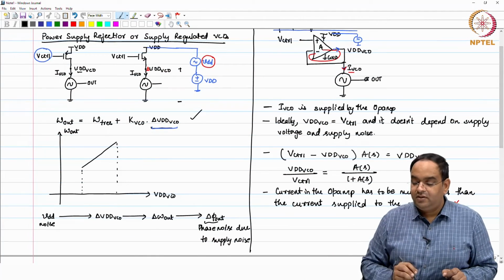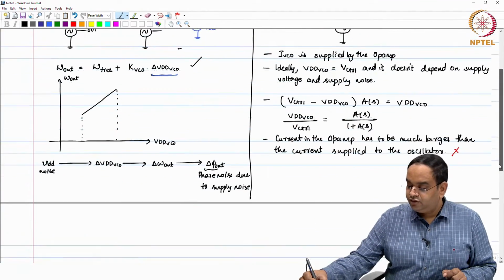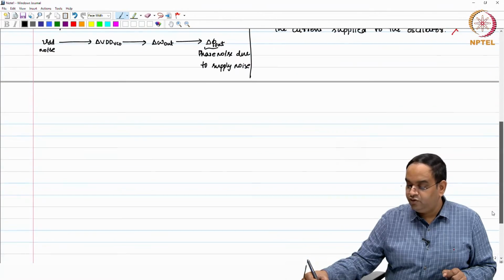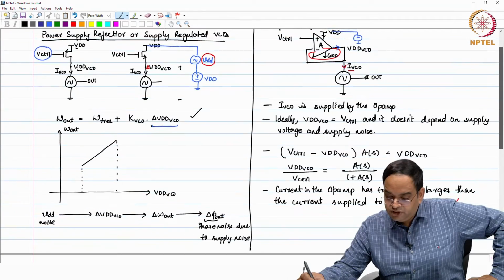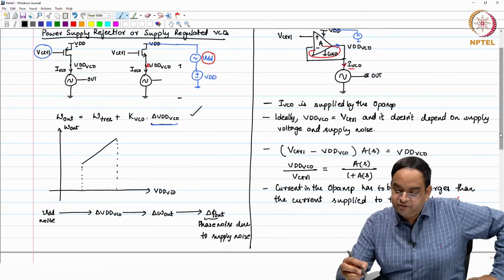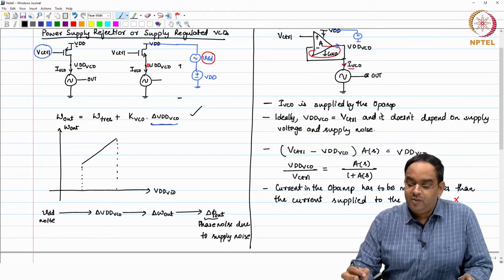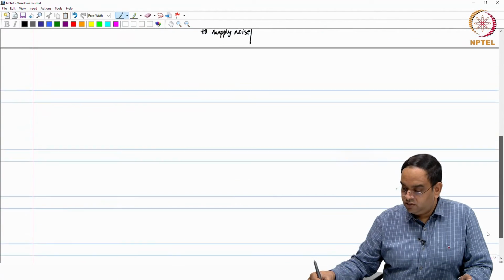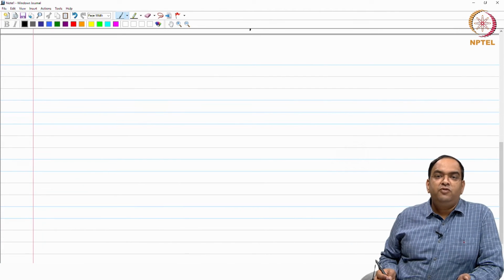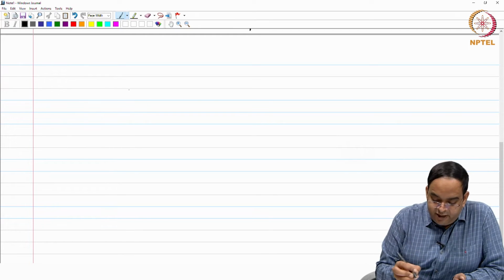Okay. Now, because you have this problem, you will look for a solution. What we want to do is regulate the current or the voltage of the oscillator using an op-amp, but at the same time we do not want to supply the current of the oscillator through the amplifier.